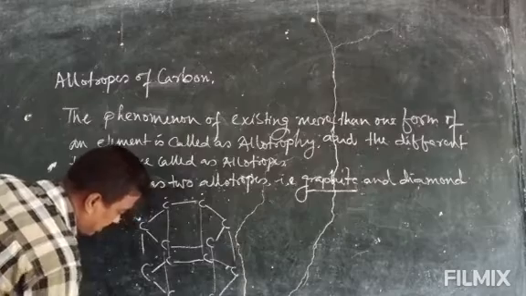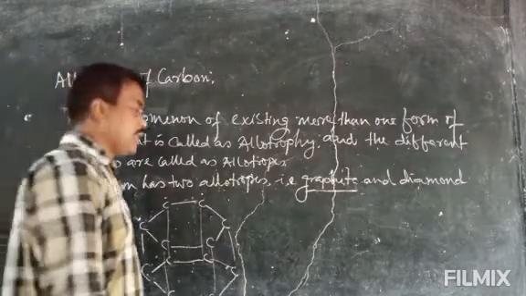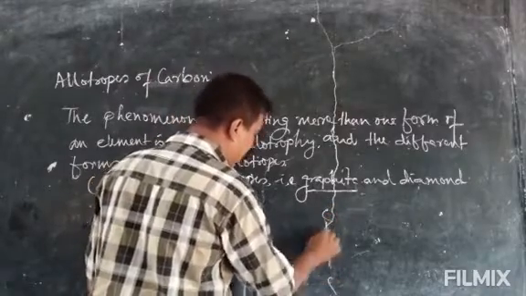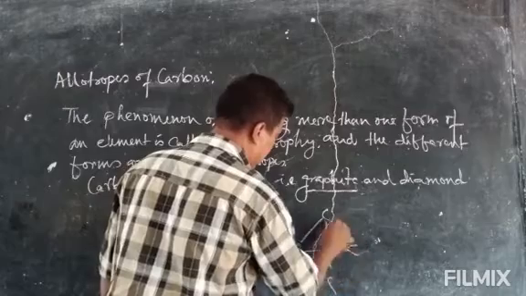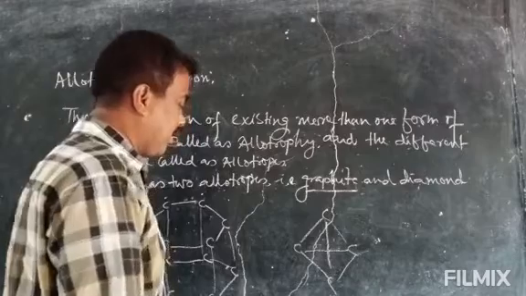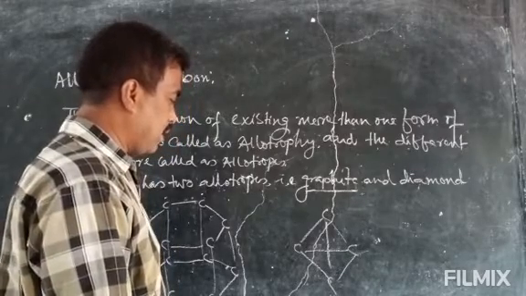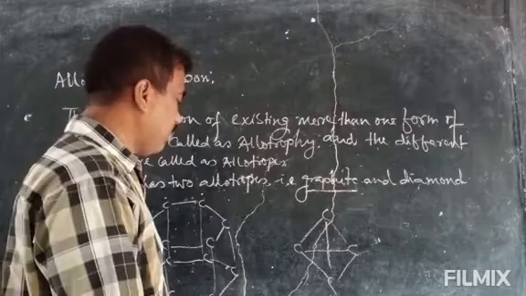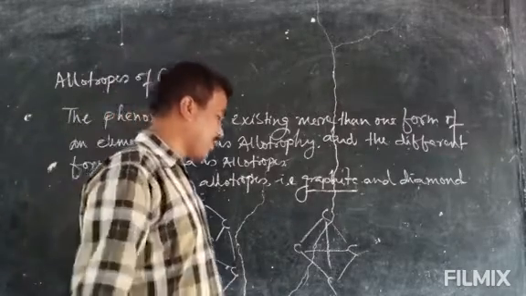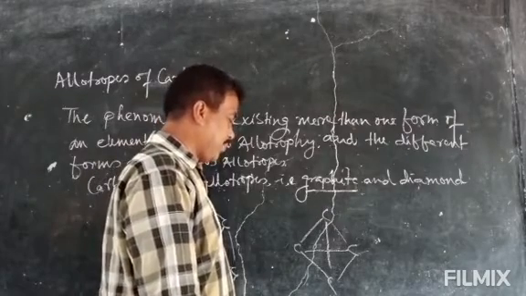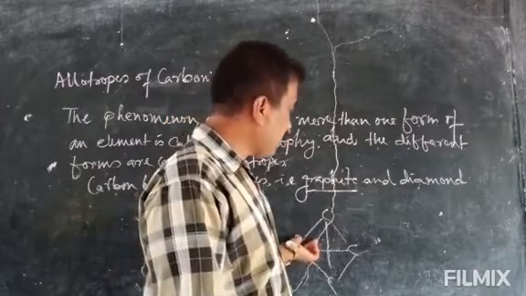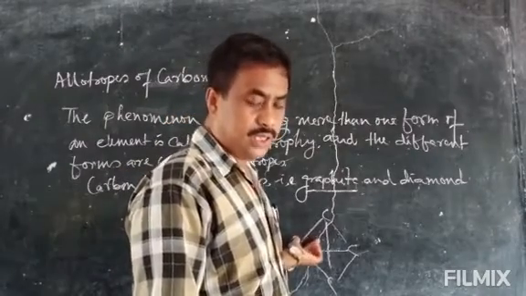This figure is hexagonal, and in the case of diamond, the carbon atoms are joined tetrahedrally. So all the 4 valences are used, so there are no free electrons. Due to the absence of free electrons, the carbon in diamond does not carry electricity.